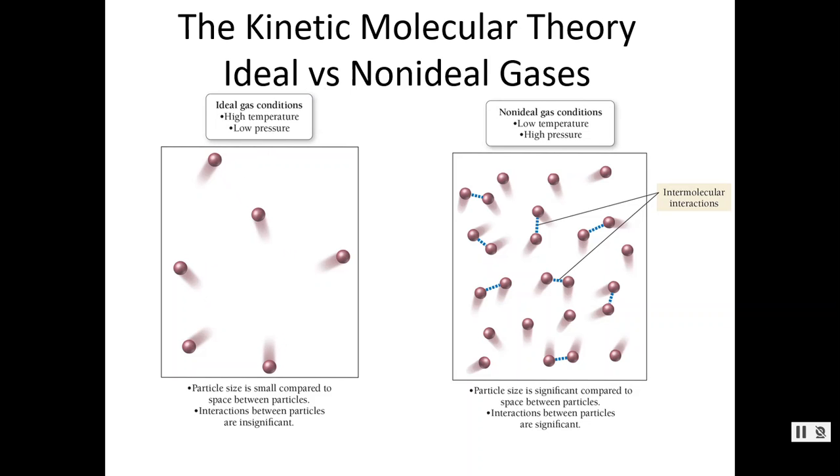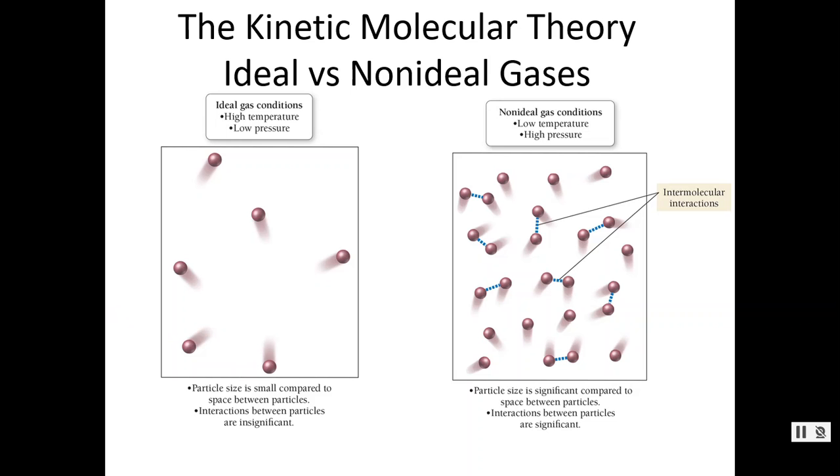And it turns out that assuming that a gas has those two properties is a pretty good assumption to make, because those conditions are generally at high temperatures and low pressures.